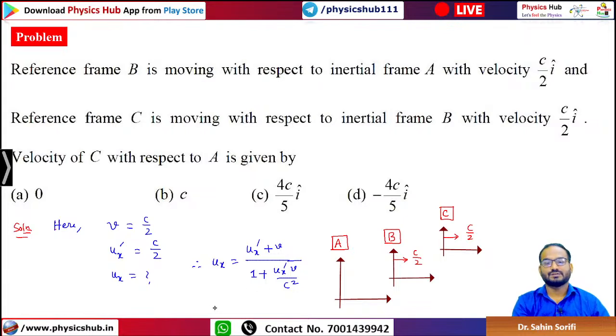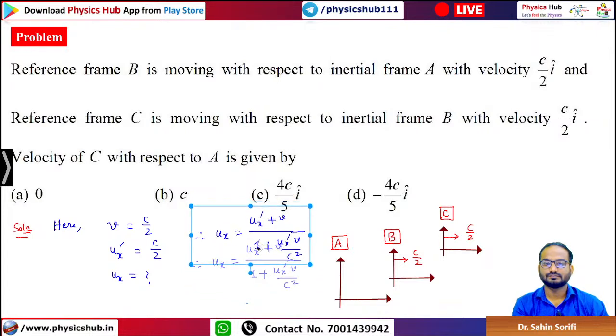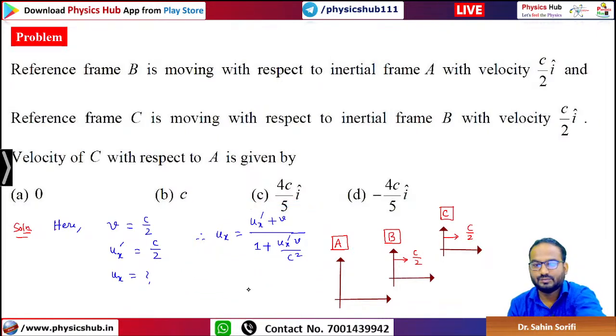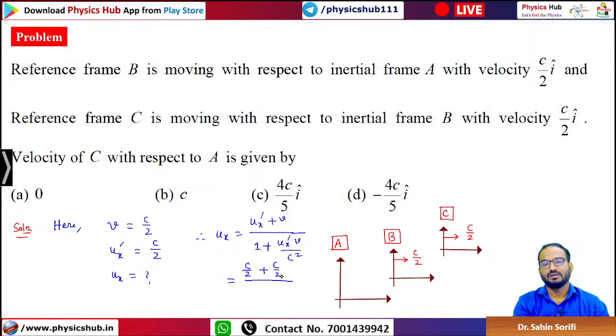Is this thing understood by everyone? Now you can just put the values, whatever is given. ux prime is c by 2, v is c by 2, everything is c by 2.